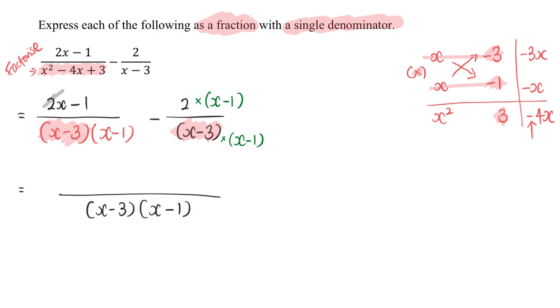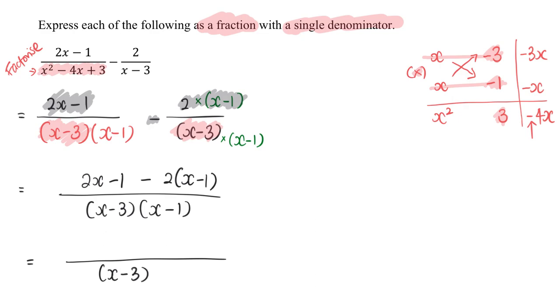I will still have my 2x minus 1 here, minus my 2 times x minus 1. And the next step would then be to expand and simplify the numerator. 2x minus 1.